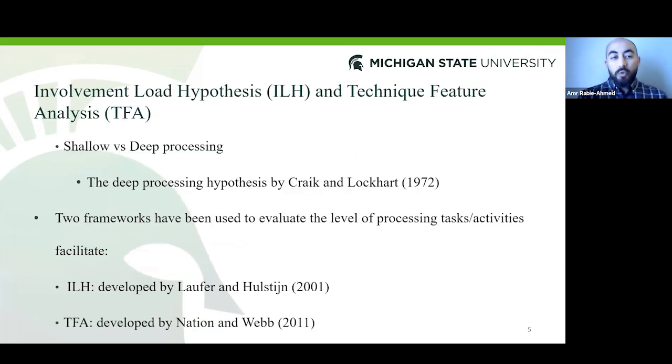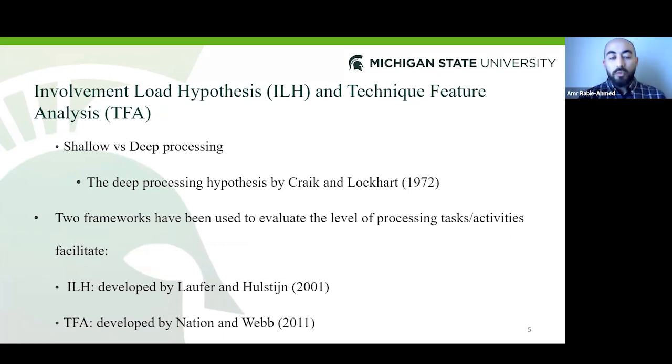The theoretical framework stems from the idea of shallow versus deep processing, which was developed by Craik and Lockhart in 1972, which in a nutshell summarizes that when you deep process a vocabulary item, it moves from the short-term memory to the long-term memory, which means that you're going to learn and memorize this word.